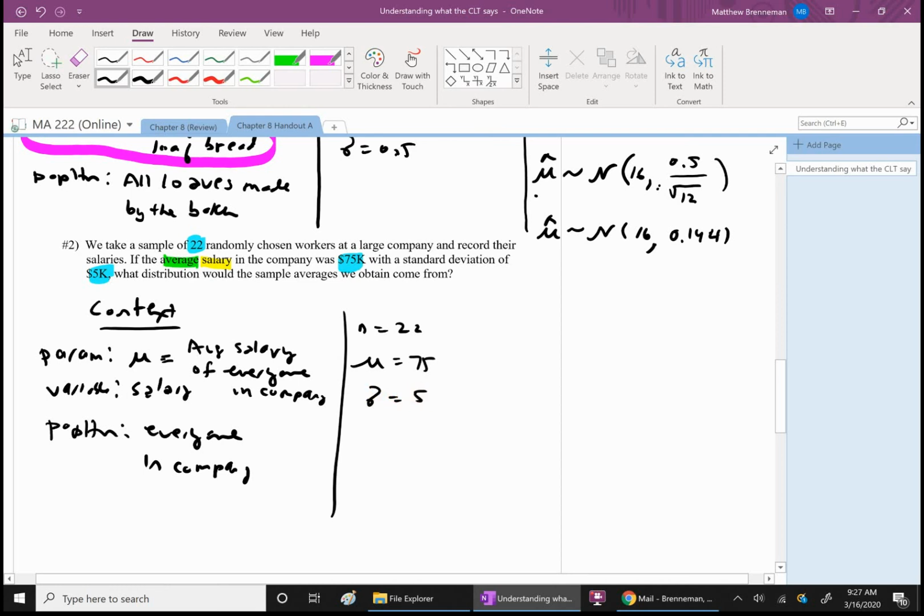All right. So now we're ready to apply the central limit theorem. Let's look at the assumptions. Do we have a random sample? Check. What about the sample size? Well, our sample size is below 30. So we have to check and see if the salaries have a normal distribution.